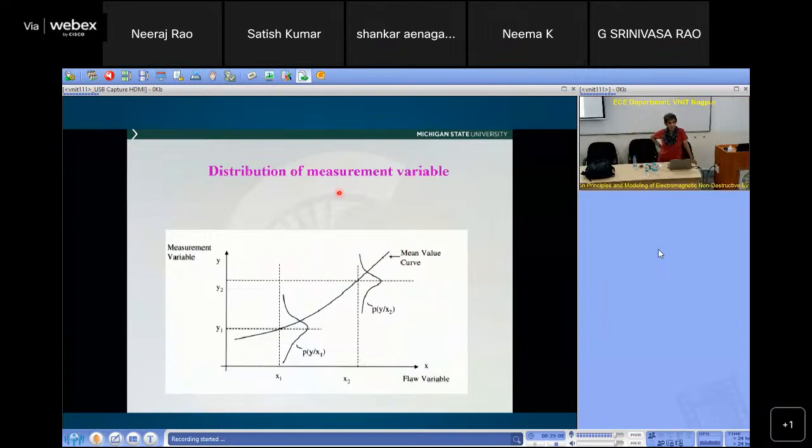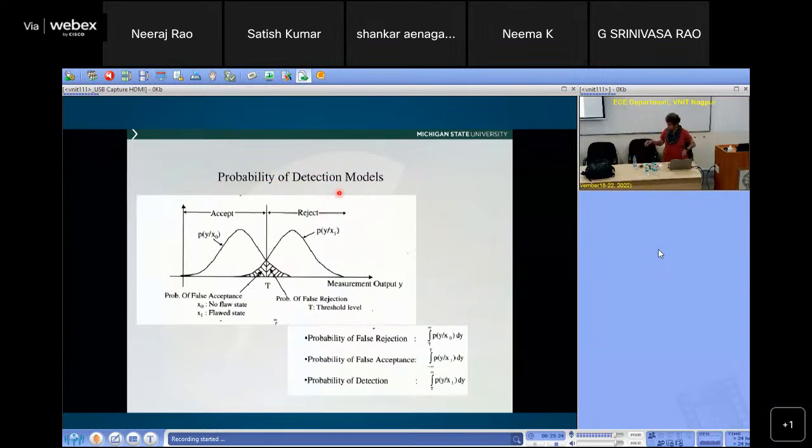In industry, you don't just talk about an NDE method, you talk about the probability of detection of different methods. And how do you determine the probability of detection? You take the two PDFs. If I just draw that along the measurement value, now I'm taking Y as my x-axis and the PDF of Y along the y-axis.